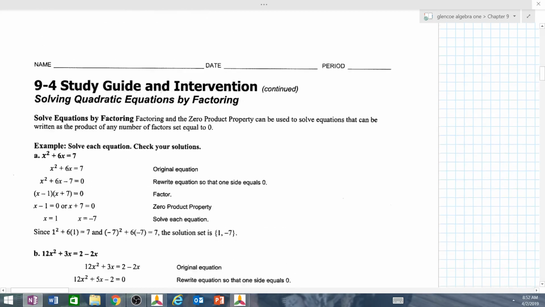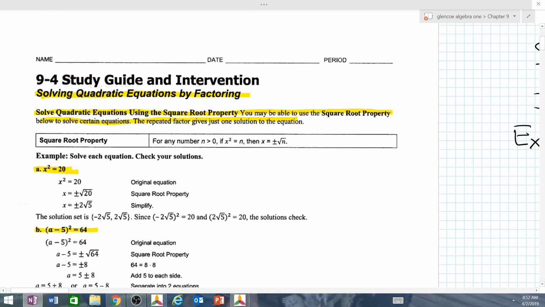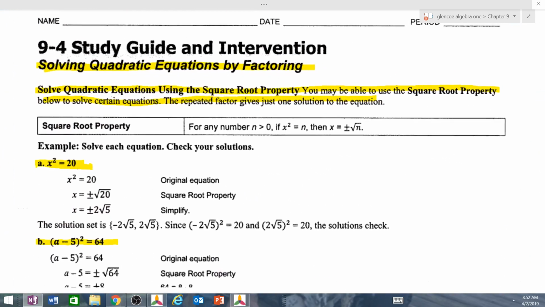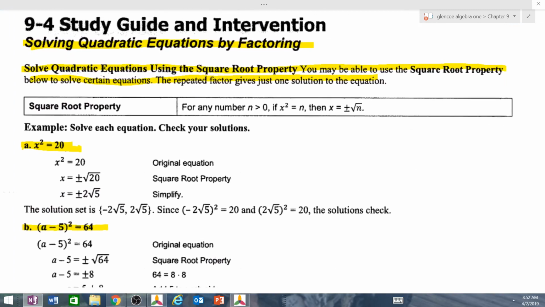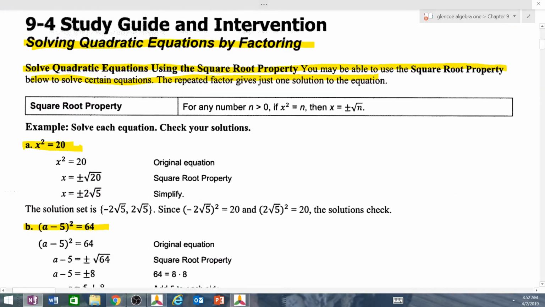So we're following along in our notes, and we're looking at solving quadratic equations by factoring. Using the square root property, you may be able to use the square root property to solve certain equations. The repeated factor gives you just one solution. So let's just take a look at something like solve each equation, and we're going to always check our solution.